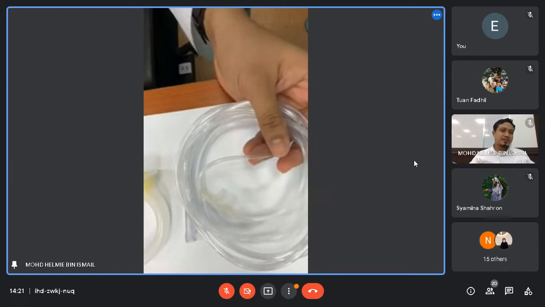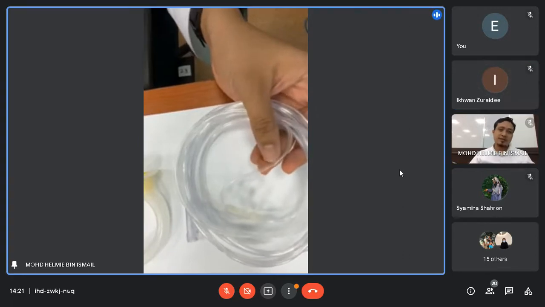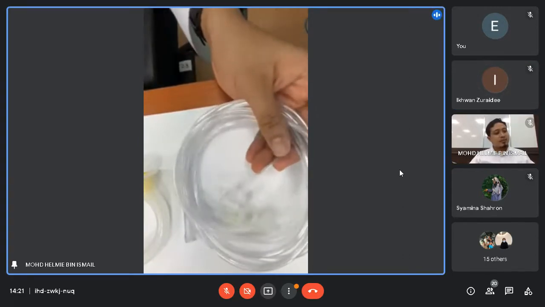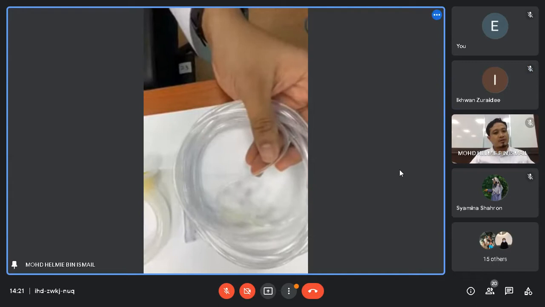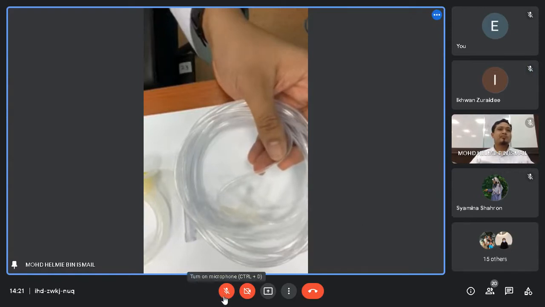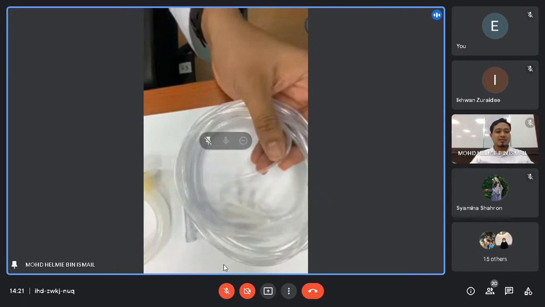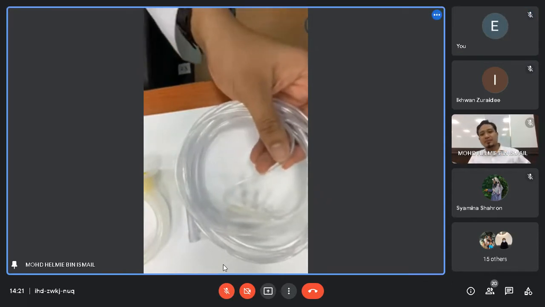So how much is our percentage under room air? Under room air, berapa oxygen concentration? 21%. 21%, alright. Then one patient on nasal prong, the maximum FiO2 we can give is 60%.